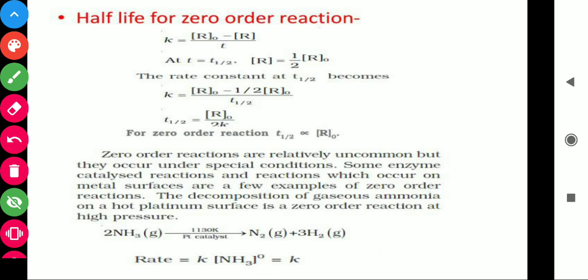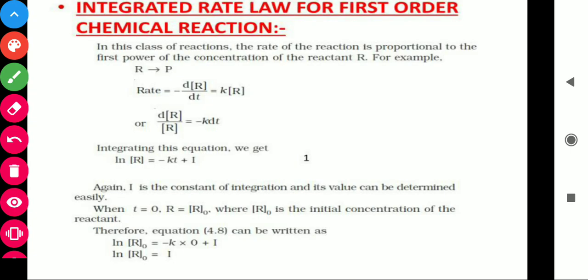Okay, let's discuss first order. For first order, when we want to calculate the integrated rate law, again this is the reaction. This is a first order reaction. That's why rate is equal to minus dR upon dt is equal to kR. Here we take power 1 because it is a first order reaction. And again this R goes in the denominator and dt comes there.